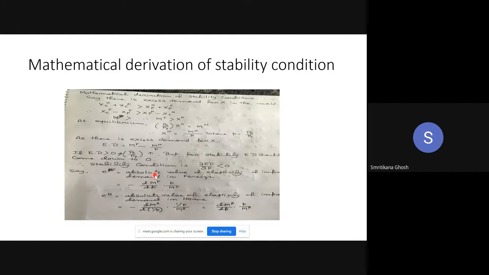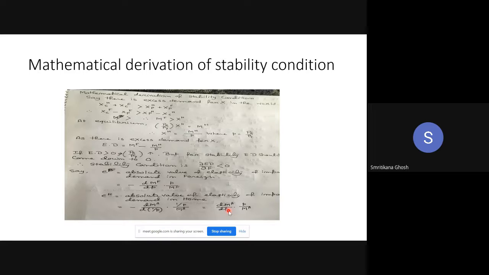So the absolute value of the elasticity of import demand in the foreign country is this, and in the home country is this. This is actually needed for the Marshall condition, so that is why we have introduced it.